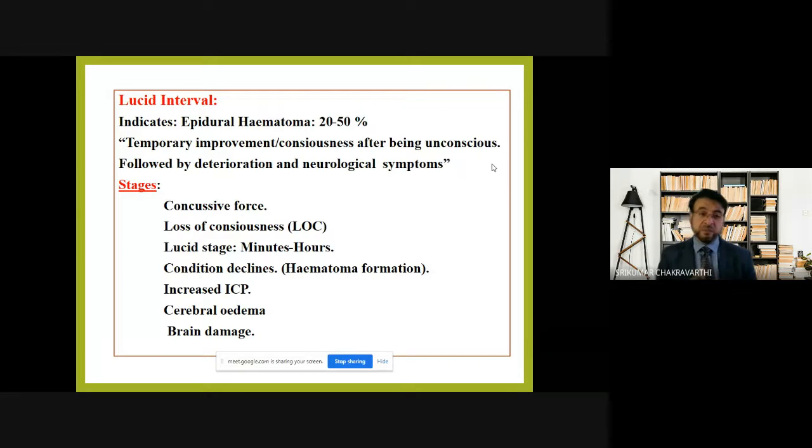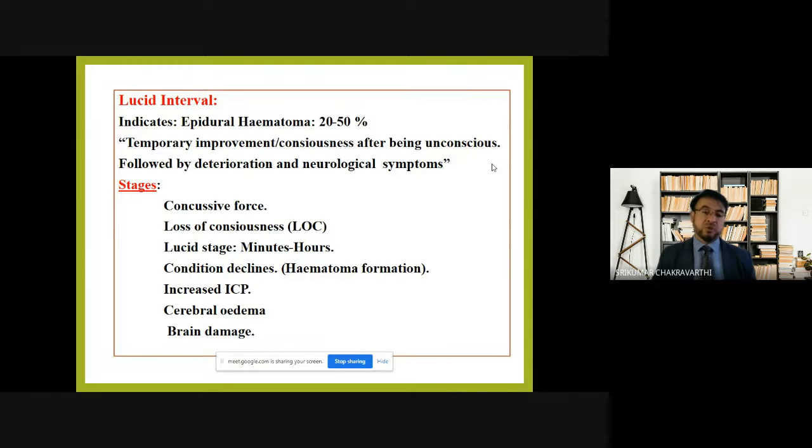Later on, after a period, he develops neurological symptoms. So first there is a concussion, that is an injury to the brain. Then he loses consciousness. Then for a few minutes to hours he is okay. And that is the time when the hematoma starts to form, and then his condition declines.